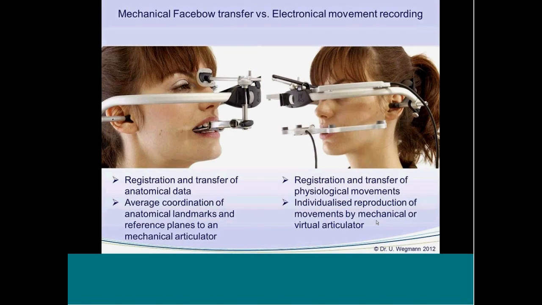You see the difference. On one side, the traditional mechanical facebow, anatomical transfer, average coordination. On the other hand, electronic recording is individualized registration of the real movements.